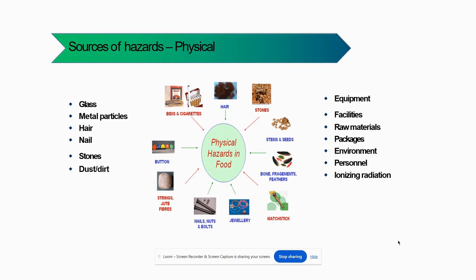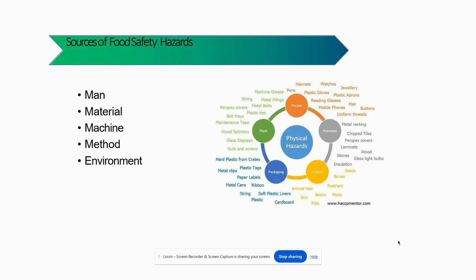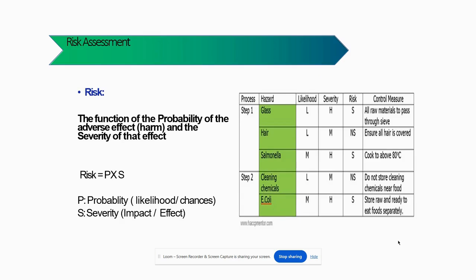Now we will be going to the important aspect, that is risk assessment. Risk is the function of probability of the adverse effect and the severity of that particular effect. Here one example is given, how to do this risk assessment with respect to different steps.